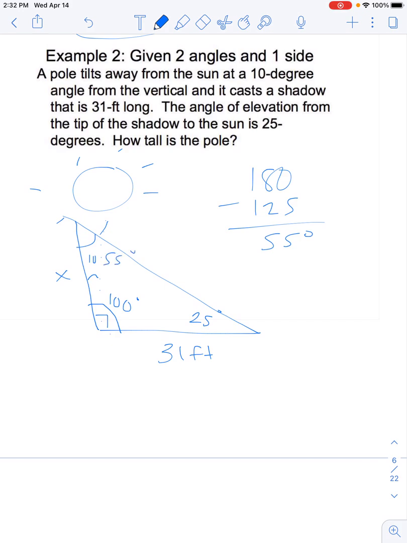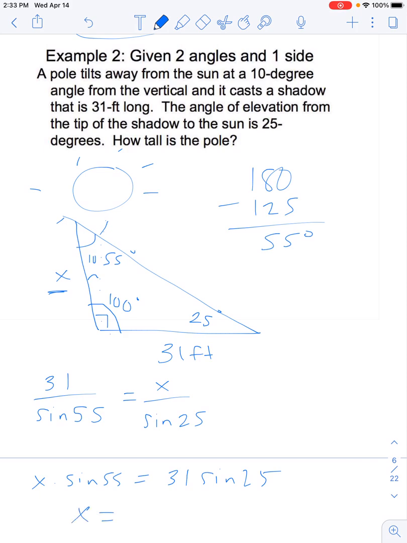Then I can set up my ratio: 31 over the sine of 55 equals x over the sine of 25, because we want to know how tall the pole is and the angle opposite x is 25. Again, I'm going to cross multiply, so x times sine of 55 equals 31 times sine of 25. And I got x equal to 15.9937, or about 16 feet.